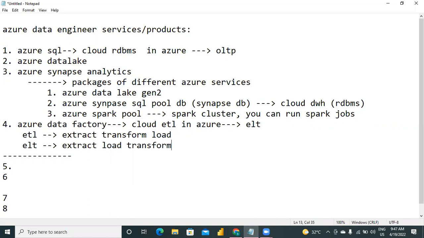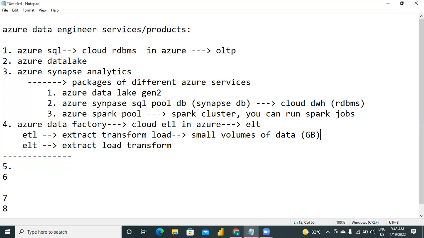So when to use what kind of technique? Your ADF supports both operations. Understood? ETL is suitable for small volumes of data. Generally, if the data is in GBs, you can use it. But if data volume is in terabytes or multi-terabytes, the ETL style is very bad, because processing can take even a day's time.